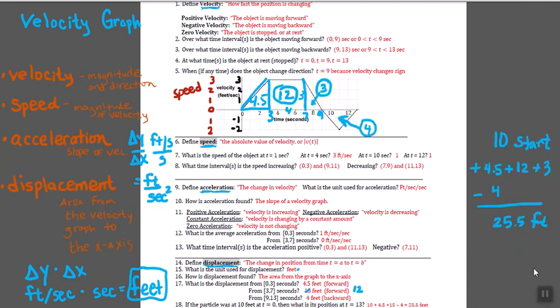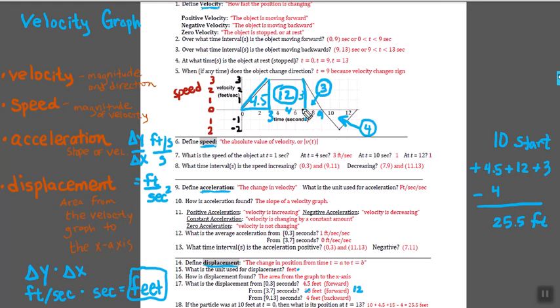Alright, so it turns out there was not a mistake. What I did have a mistake on is I did not calculate the 7 to 9 in one of my original calculations. Sorry about this. We started at 10 feet. We went 4.5 feet forward for the first 3 seconds. Then we went another 12 feet forward from 3 to 7 seconds. And we went another 3 feet forward.